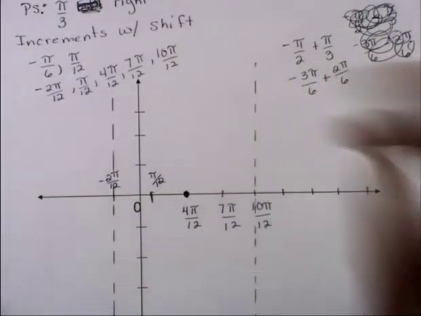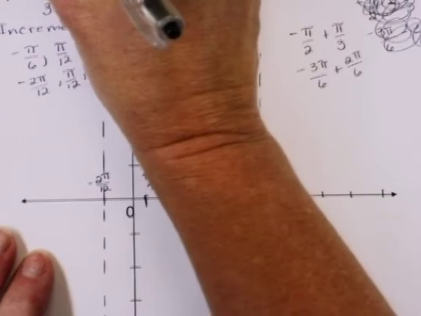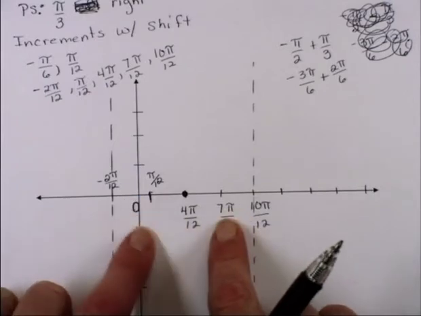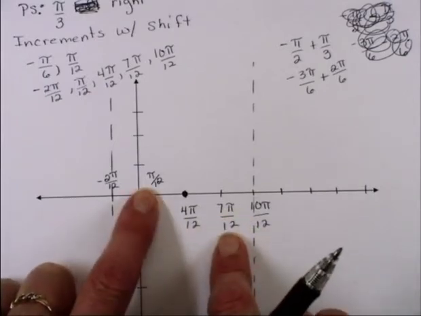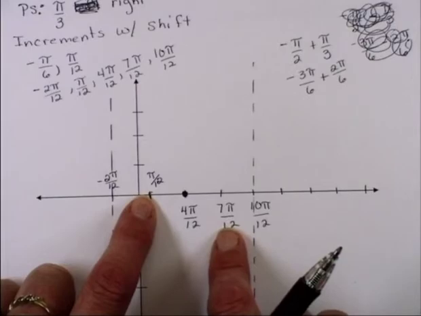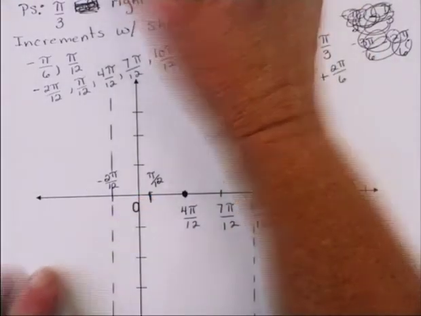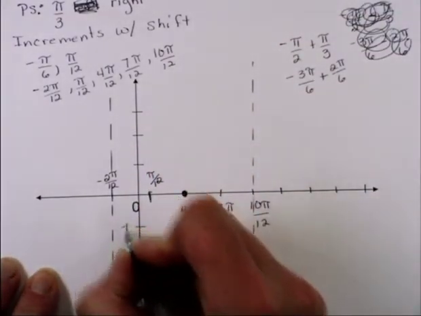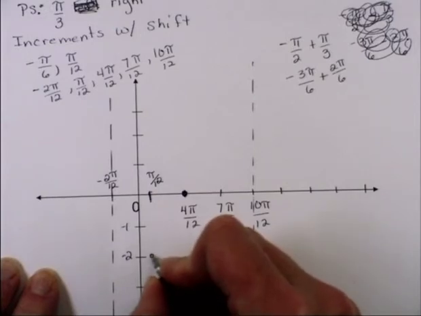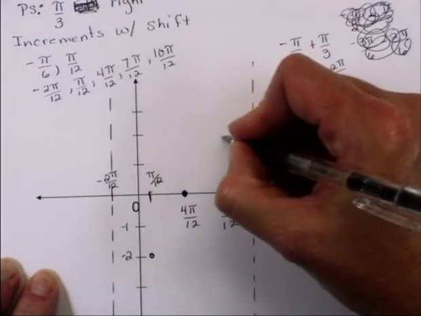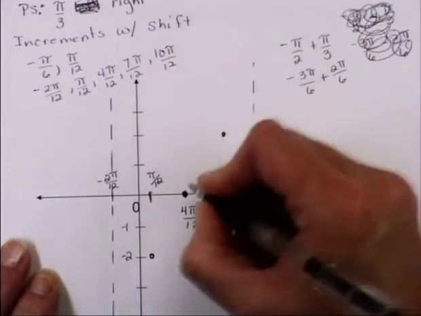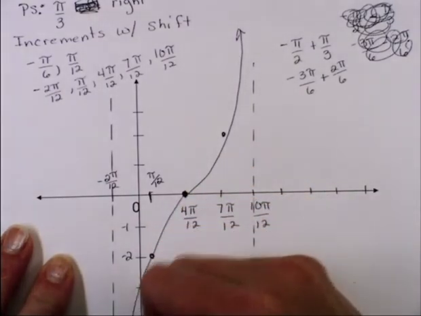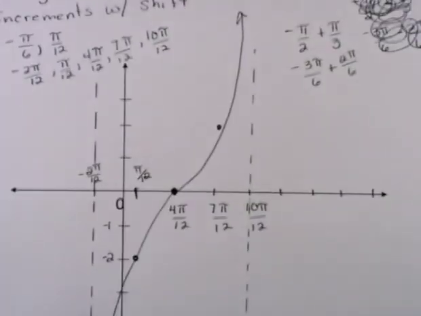And then the amplitude, which is not amplitude, the steepness here, tells me how high and how low to make my points on pi over 12 and 7 pi over 12, those 1/4 and 3/4 of the way through. So if it's 2, I know tangent goes bottom to top, so I'm going to go down to negative 2 on this side. And on this side, I'm going to go up to positive 2. All right, there you go.